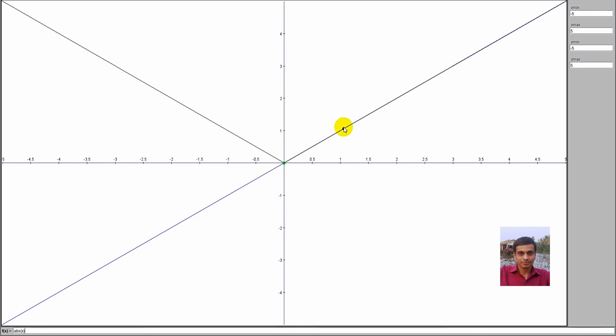So let us see what happens graphically when we try to achieve the limiting position of the secant line. Again, you can observe that this is a secant line and it coincides with the curve itself in this case because the curve is a straight line. Now I try to achieve the limiting position from the right hand side, and you can observe that there is a sudden change in direction. So the limiting position could not be achieved.